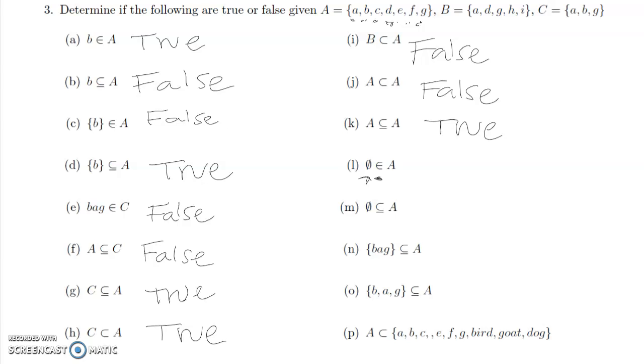This symbol for the empty set does not show up, so this is false. Now the next part, part M, we're asking, is the empty set a subset of A? Well, if we remember our fact that we learned, the empty set is a subset of every set, so this is true.